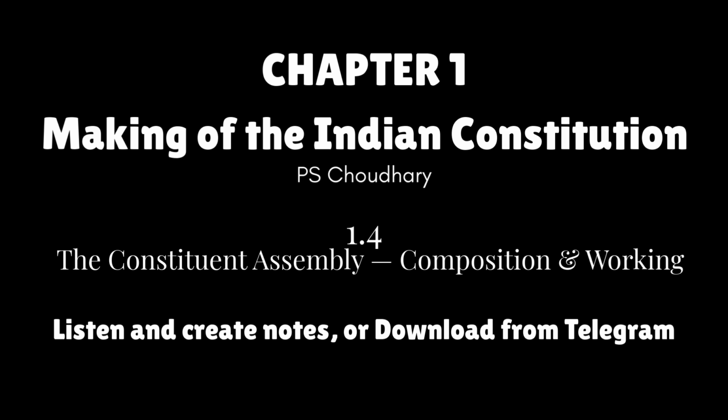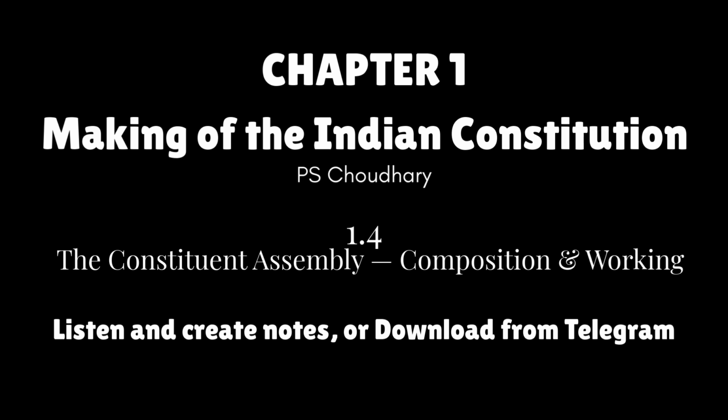Now let us quickly revise the key ideas. First, the Constituent Assembly was formed under the Cabinet Mission Plan of 1946 and its members were elected indirectly by the provincial legislative assemblies. Second, the Assembly originally had 389 members, which later reduced to 299 after partition.